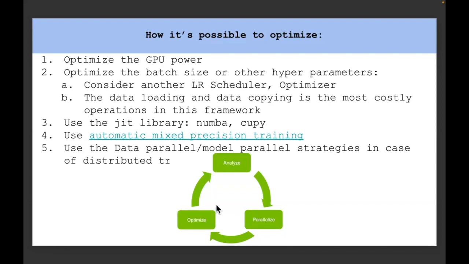And fourth, one of the very popular strategies for training is to use half precision or automatic mixed precision, as it utilizes less memory and, as a conclusion, uses less energy.